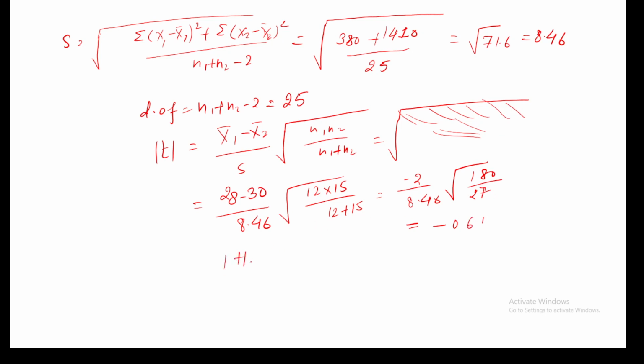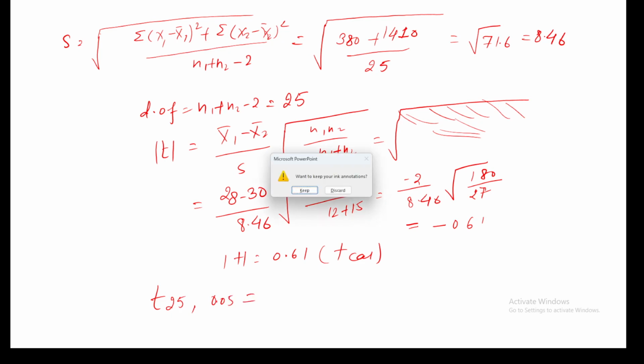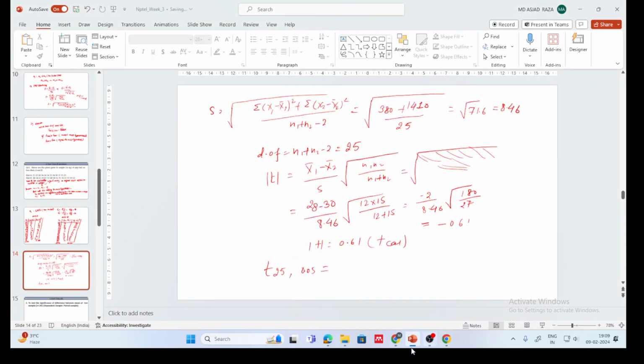So as we have taken in that test, this is your T calculated. Now we will check T at degree of freedom how much? 25 with level of significance 0.05. So the value will be somewhere around 1.70.